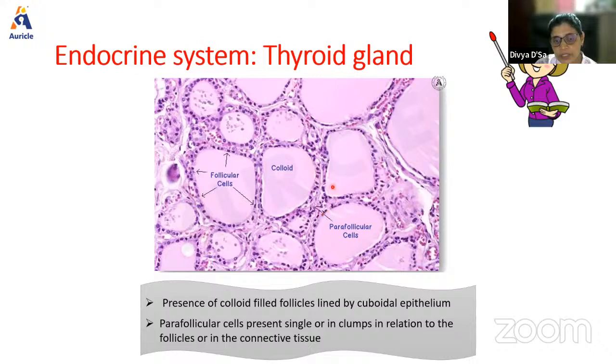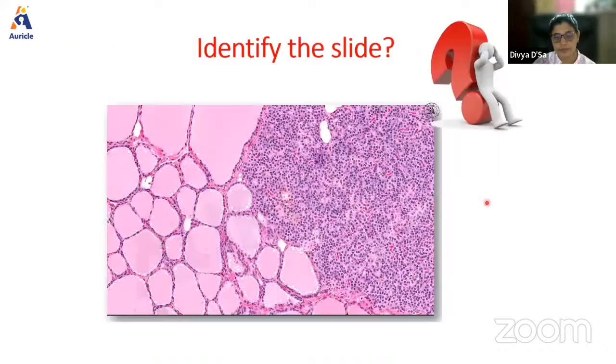And between these thyroid follicles, we will see the parafollicular cells. These parafollicular cells are not only seen between the follicles, they can also be seen between the basement membrane as well as the epithelium. So between the basement membrane as well as the cells, we can see the parafollicular cells.